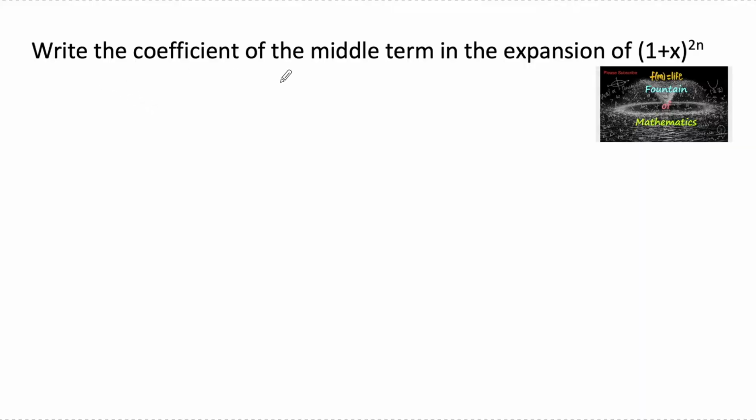Write the coefficient of the middle term in the expansion of (1 + x)^2n.